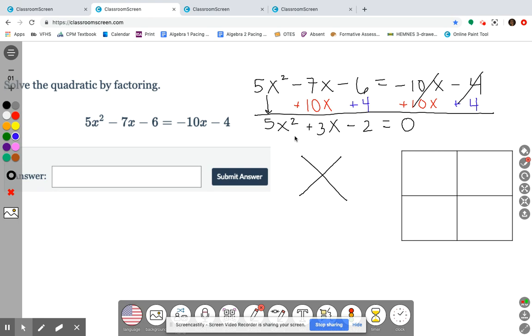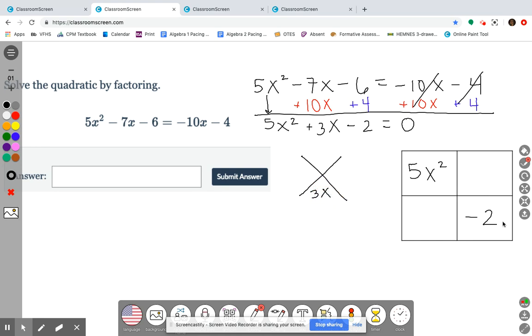So to start with your generic rectangle, the first and last piece always go diagonal from each other. So 5x squared is going to come in this top left box. Negative 2 is going to go in the bottom right box. You're going to take the middle term and put it at the bottom of your diamond.